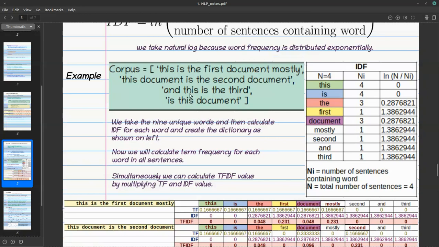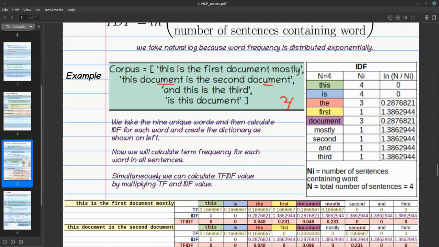If you are finding the term frequency of the word document, how many times do I have document here? Just one time, and how many words do I have? One, two, three, four, five, six. So the term frequency would be 1 by 6, as simple as that. But the term frequency of document in the second sentence: how many times do I have document? 1 and 2.